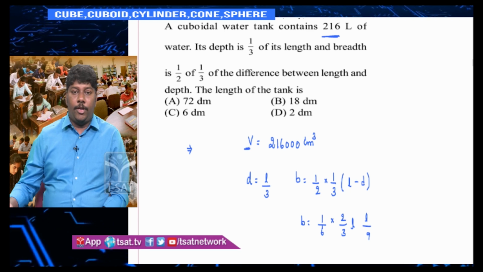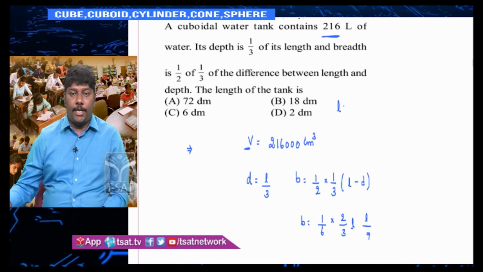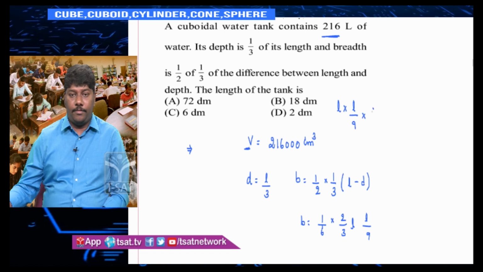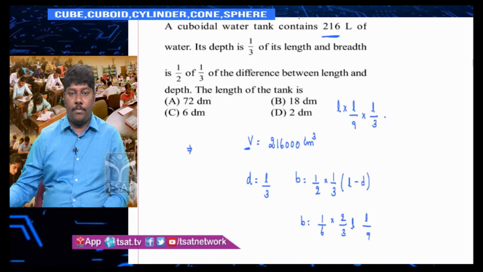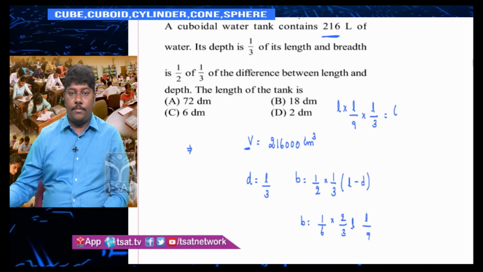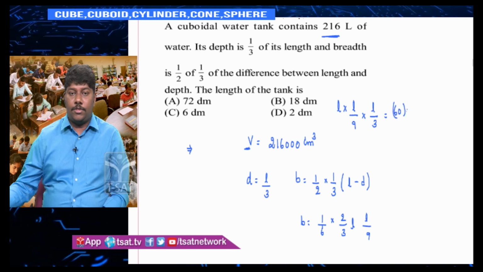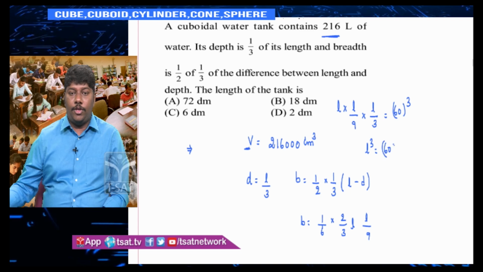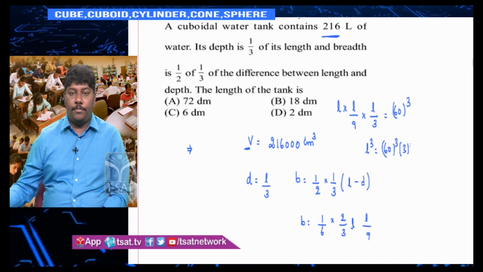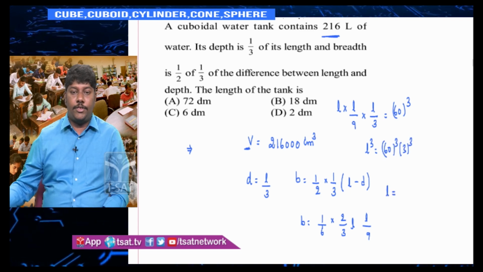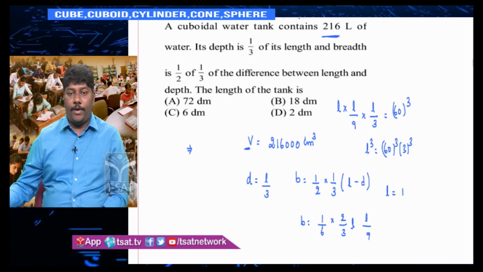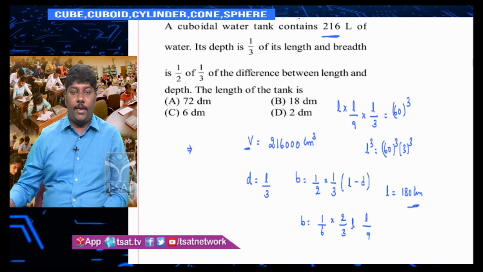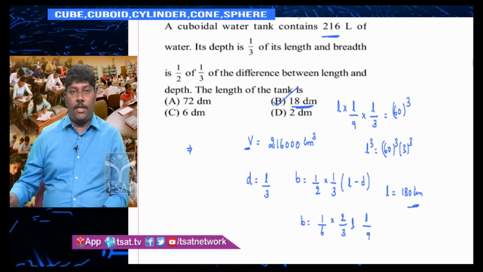Substitute in the volume. Volume is L into B into H: L is L only, B is L by 9, depth is L by 3. You can write it as 60 cube. L cube is equal to 60 cube into 3 cube. Therefore, length is equal to 60 into 3, 180 centimeters.